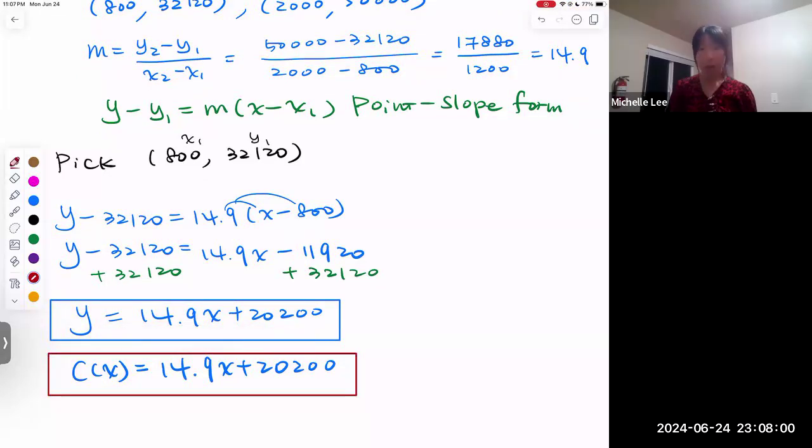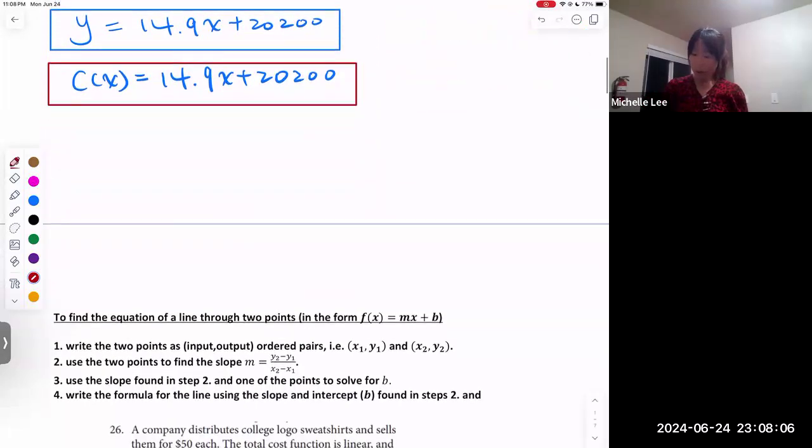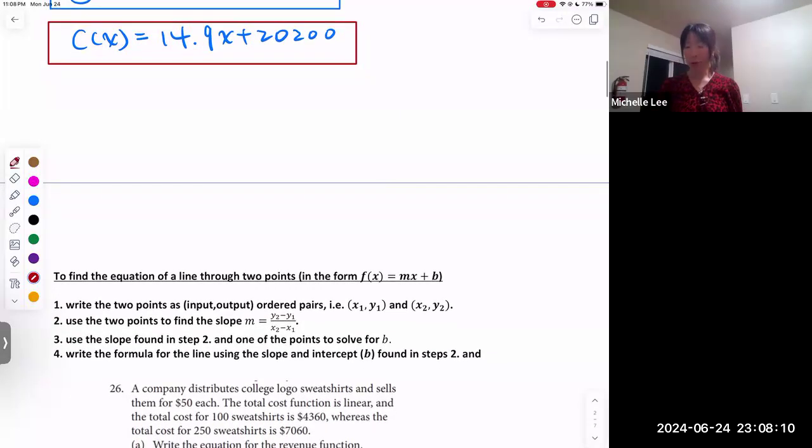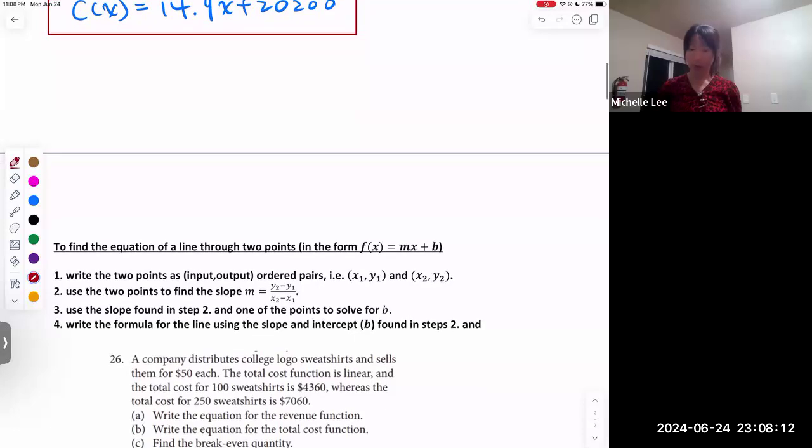Okay, let's move on. We knew the form y equal to mx plus b. That's the equation notation. We want to express it in function notation, which is f of x equal to mx plus b form.